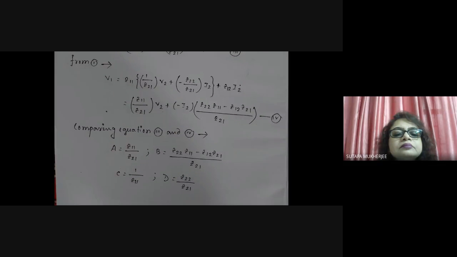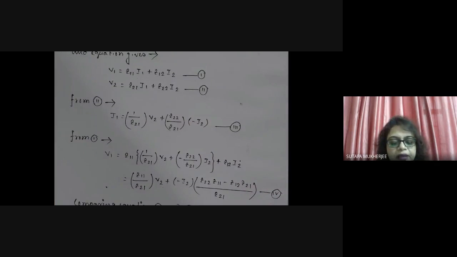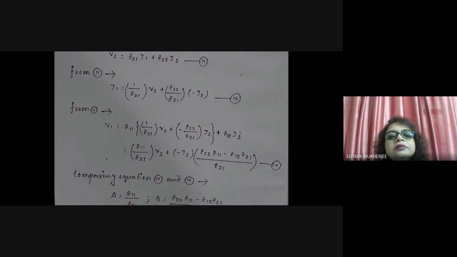Then if I compare the two equations, actually when you have rewritten I1 equal to that, in that case you are able to get the C and D values after comparison, right?